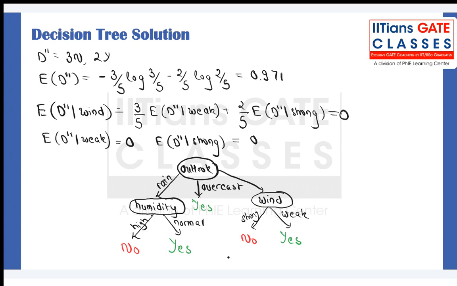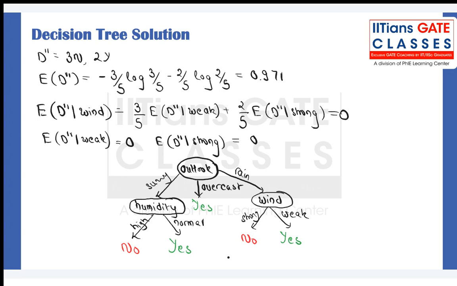So this was sunny and this was the rain. If it is sunny, then you will look at the humidity value. If the humidity is high, you output no. If the humidity is normal, you output yes. If it is overcast, you output yes. If it is rainy, then you look at the wind feature. If it is strong, you output no. If it is weak, you output yes.